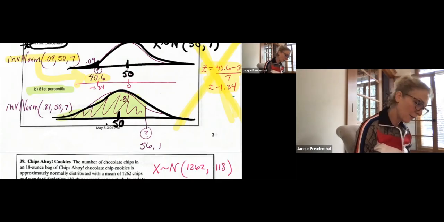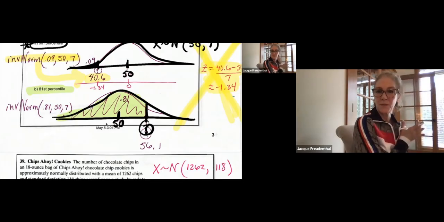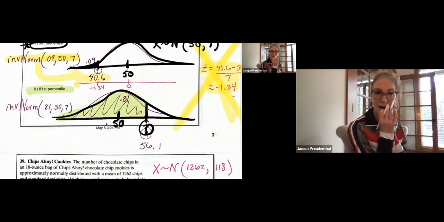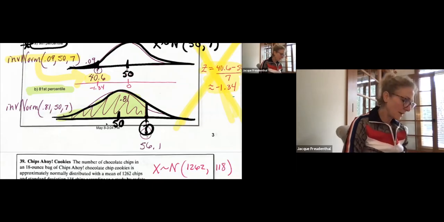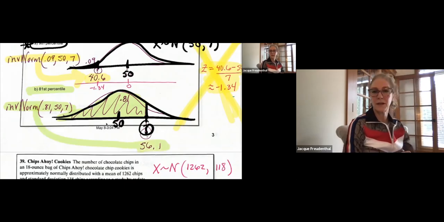And you're trying to find what is this location? That's your question mark. What is that location that separates the 81% to the left and the rest to the right? So we can use the inverse norm again, 0.81 for my area, and then we get a value of 56.1.